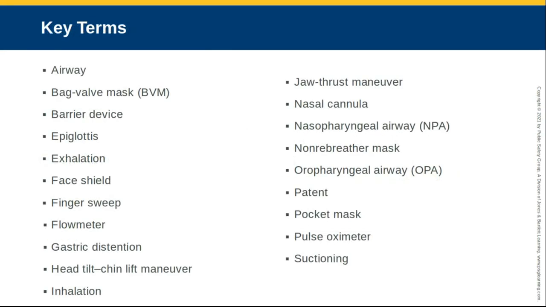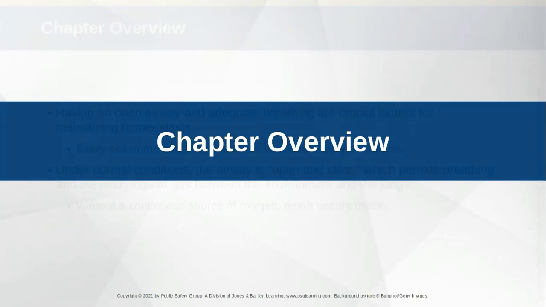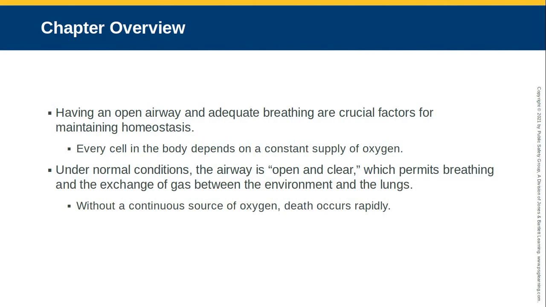There are a lot of terms in this chapter to be familiar with. Many of them are pretty straightforward, but a couple to pay attention to: gastric distension and just the word patent, meaning the airway is open. So in our overview, having an open airway and maintaining breathing is a life threat we need to be aware of, because every cell in the body depends on perfusion of oxygen to those tissues in order to stay alive.